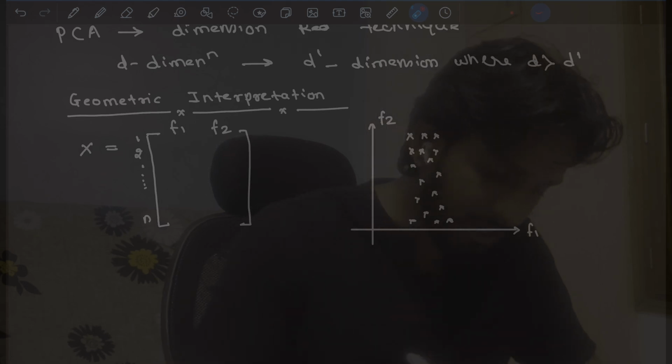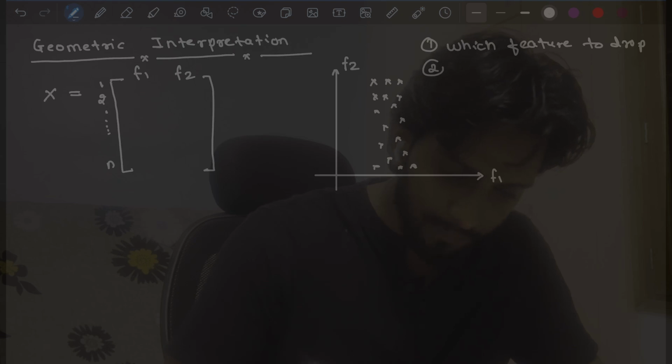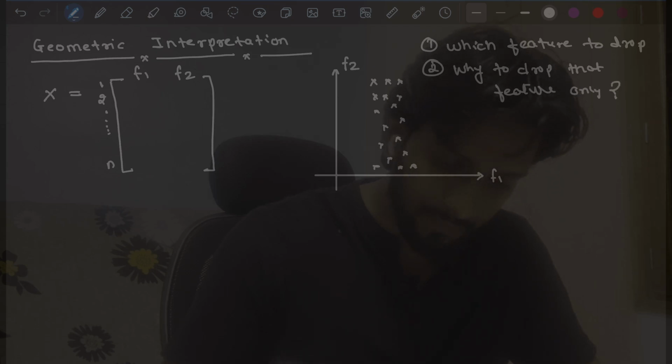First is which feature to drop, and second one is why to drop that feature only.